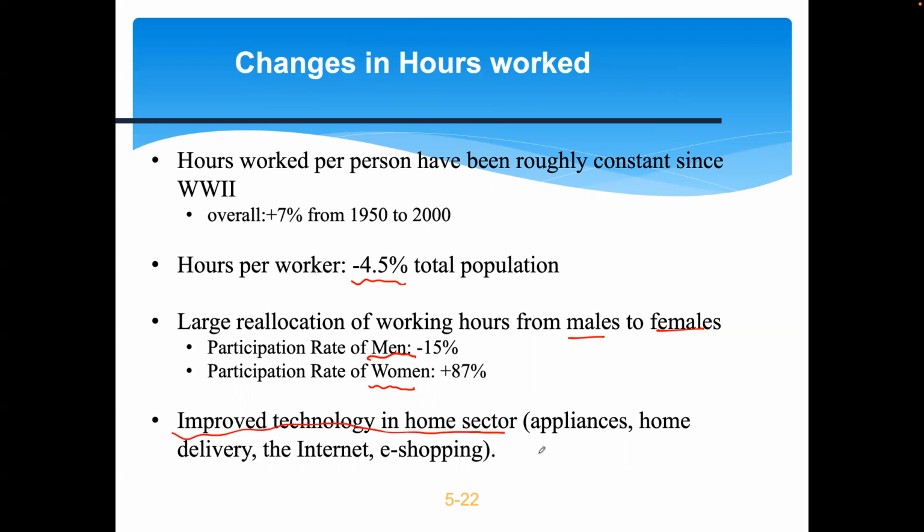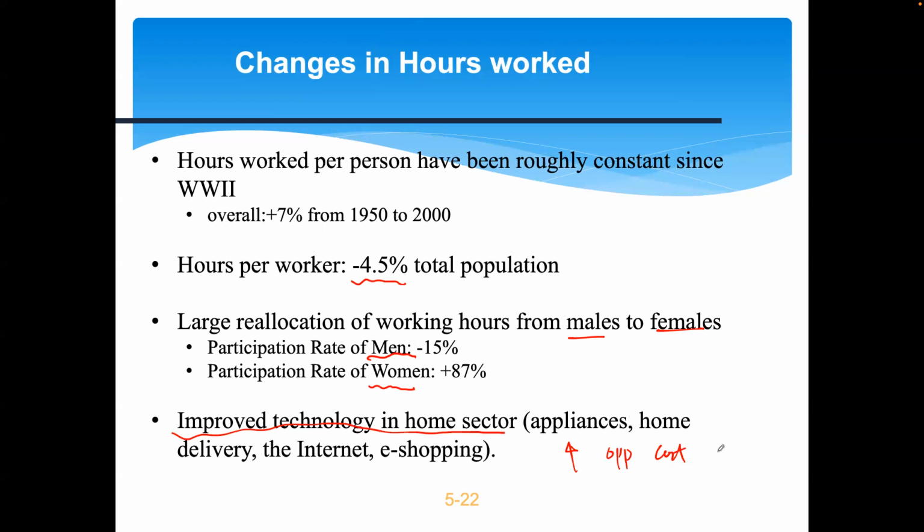Meaning at home, doing the housekeeping becomes easier, cheaper, more convenient. So now you have washing machines, dishwashers, vacuums, home delivery, internet, shopping online, and so on and so forth. Before, this had been done manually. But this improved technology in the home sector, in housekeeping, implicitly increases the opportunity cost for someone to stay at home.